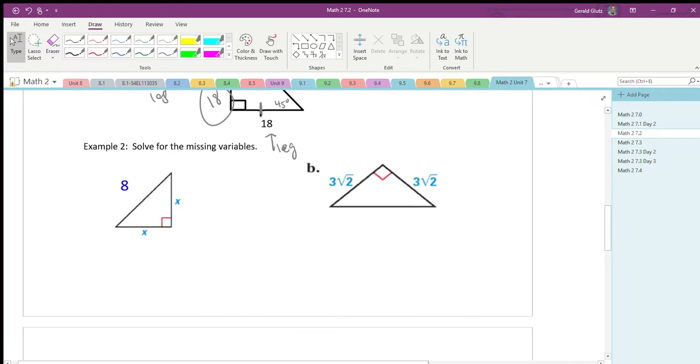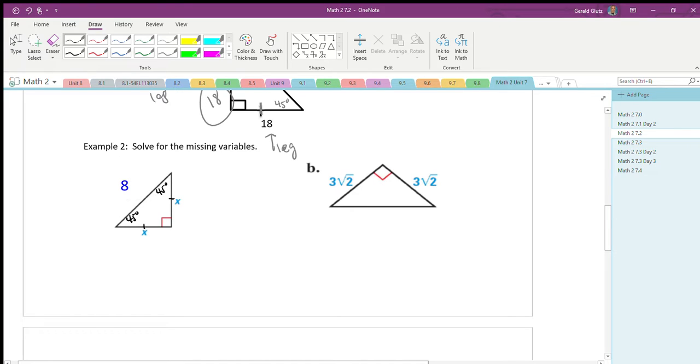In example 2, we have to solve for the missing variables. This one is a little trickier because we don't know what either of the legs are, but we can tell they're both the same, so these have to be congruent, so these are 45 degrees. Like we said before, if we know the leg, we can multiply it by the square root of 2 to get the hypotenuse.